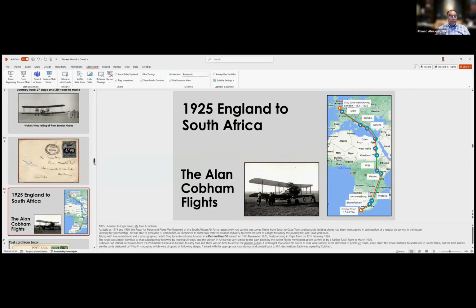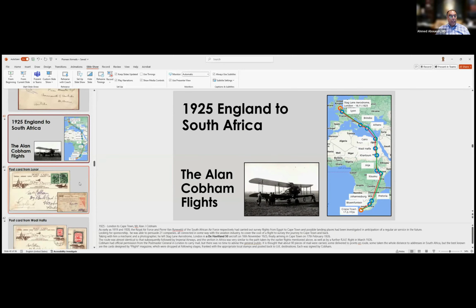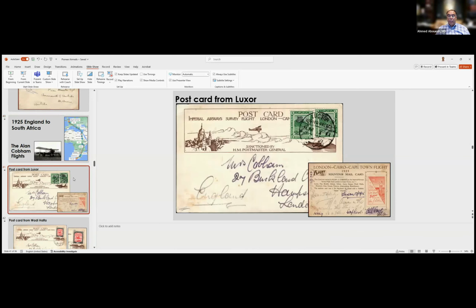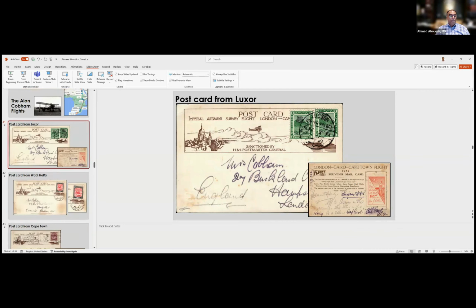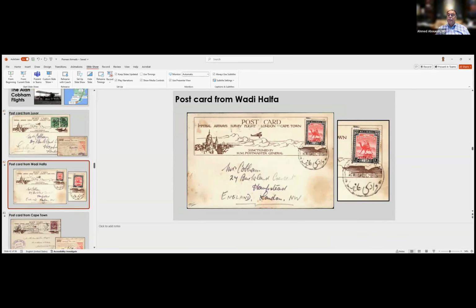He did make a stop in Egypt, and along the way, he would post postcards to his wife and others. And the notes are very interesting. This being from Luxor on the 17th of December, 1925. This from Wadi Halfa.